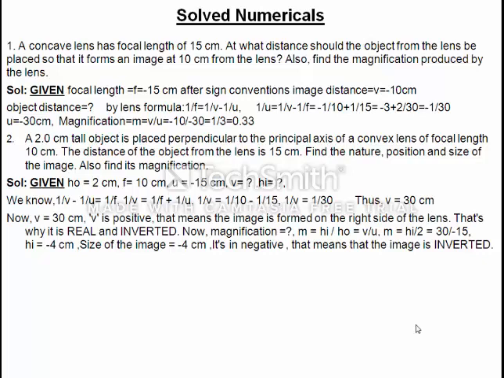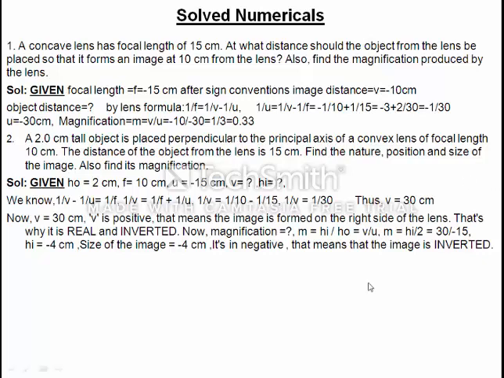It's compulsory for all the students of 10th C that after solving the numericals, or after making the notes, you have to send the pic on my WhatsApp number.